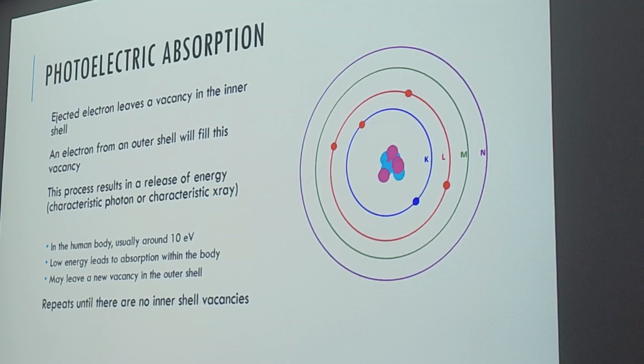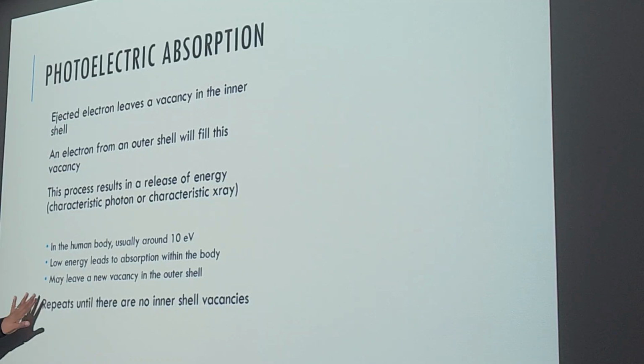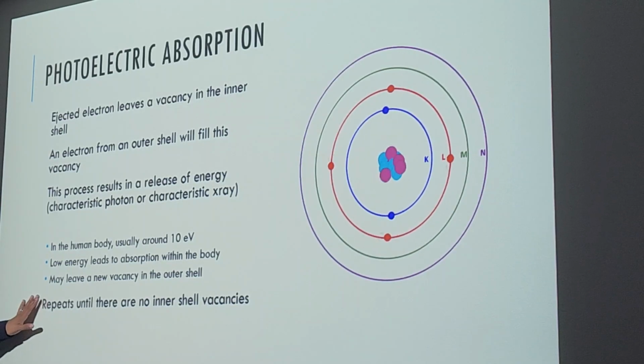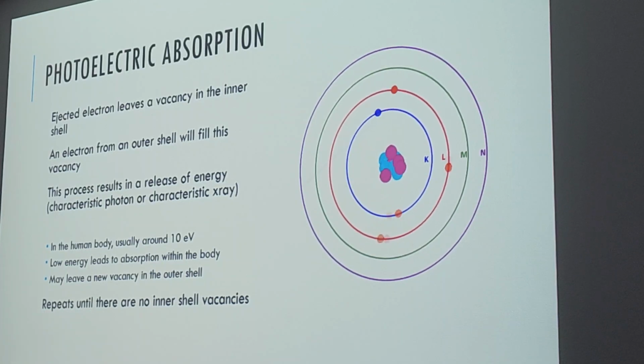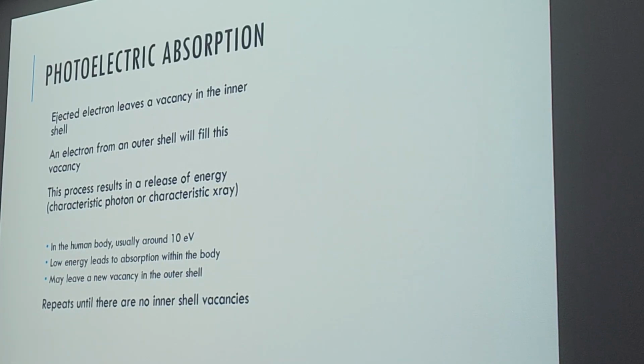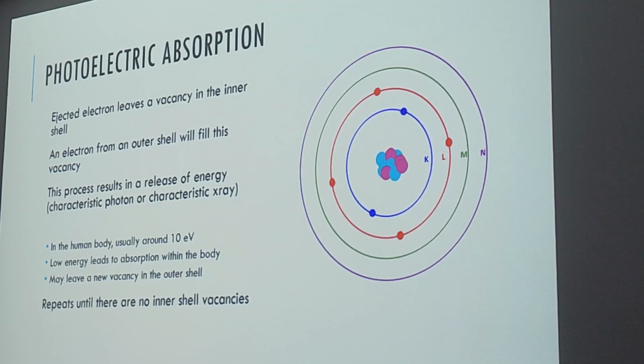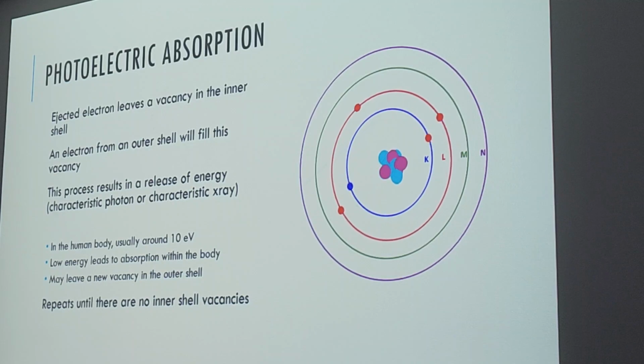So in photoelectric absorption, this process repeats until there are no vacancies in the inner shell. Once it ejects the inner shell electron, one of the outer electrons jumps in to fill that vacancy.